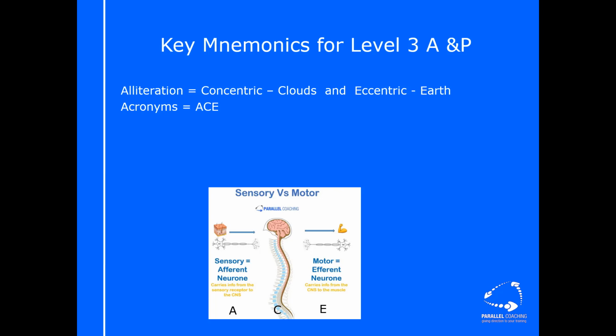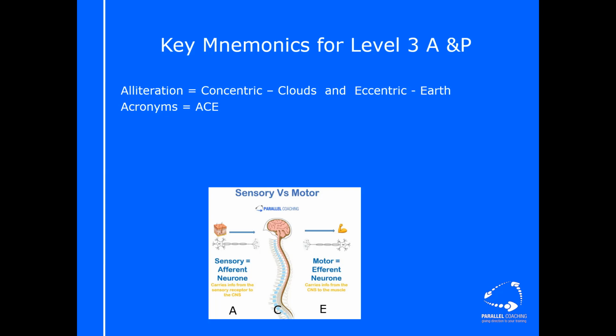So there's a way of remembering the difference between the afferent and the efferent. To start off with, we have A, which stands for afferent. Now, an afferent neuron carries information from the sensory receptor to the central nervous system. And then C in the middle is the central nervous system itself, made up of the brain and spinal cord. And then E is the efferent neuron, and that's what carries the information from the central nervous system to the muscle that we're talking about.